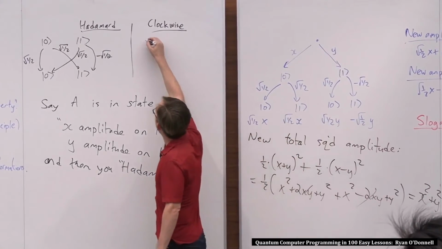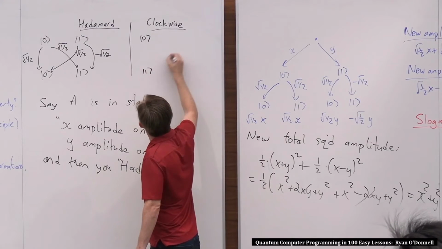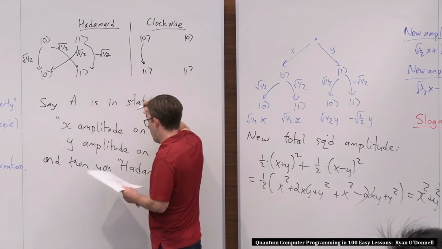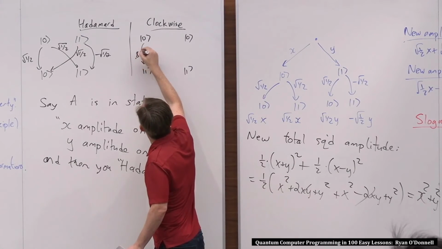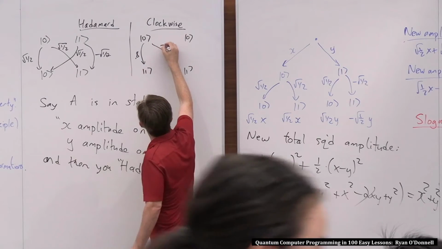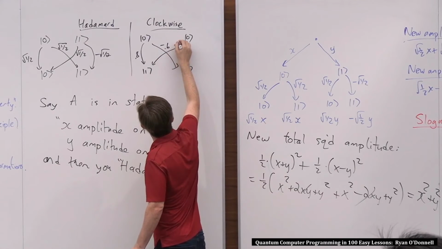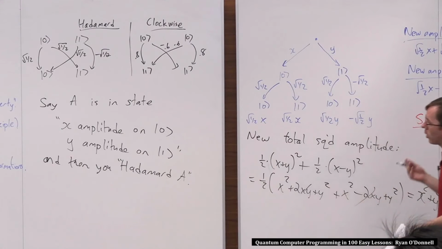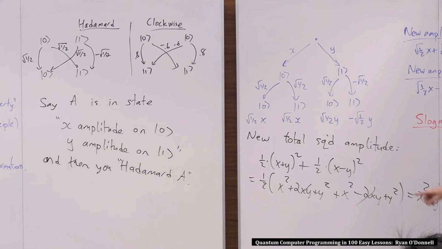But it had this paths diagram or matrix. 0 goes to 1. Honestly, I have to check my notes. 0.8, minus 0.6, 0.6, 0.8. And if you get bored while I'm talking, you should also check that this thing has the unitary property by the same methodology.